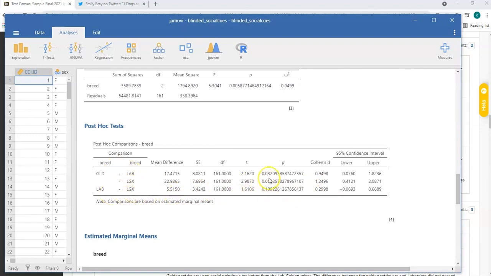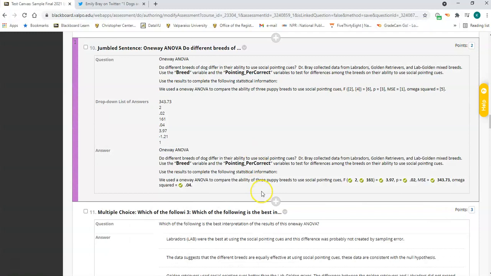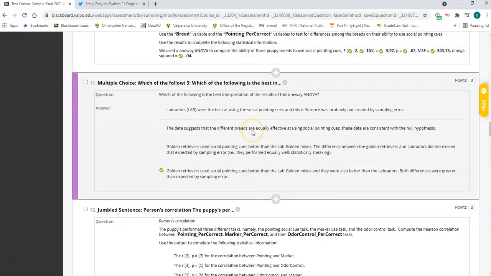But on these other two comparisons, we can feel pretty confident, based on the p-values and the d's and the confidence interval around d, that the goldens are doing better on the task than both the labs and the lab mixes. Okay, so now let's see if we can answer these questions. Which of the following is the best interpretation of this one-way? So it's this one down here.